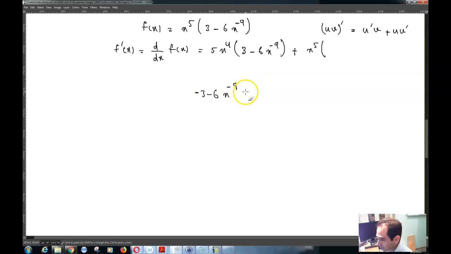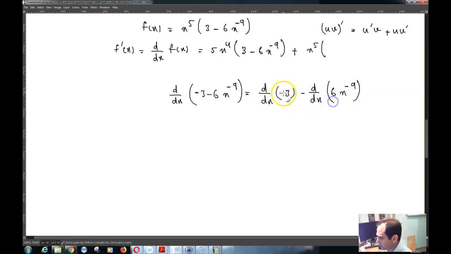If you want to calculate the d by dx of this function, that's basically d by dx of 3 minus d by dx of 6x raised to the power -9. So this is equal to 0.